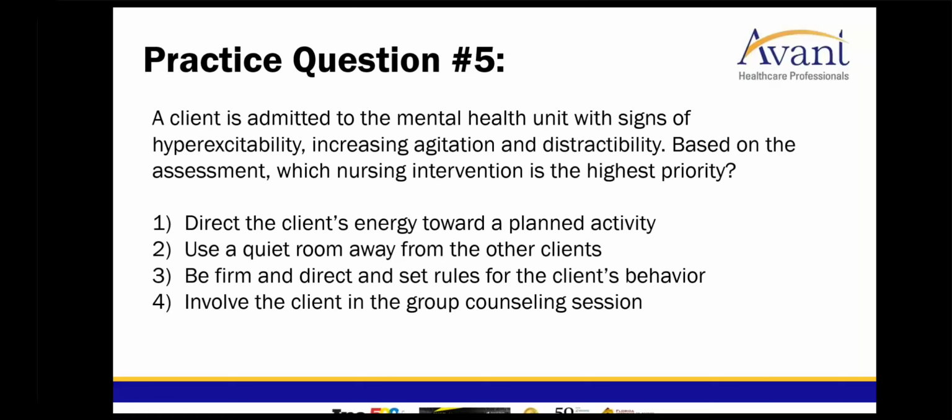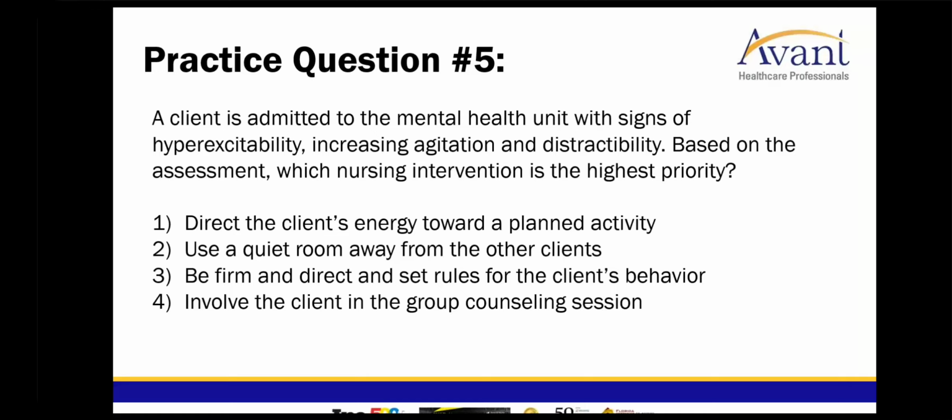So 1, let's take a look. Do you want to direct the client's energy toward planned activity? If he's distracted, because he says he's distractible, it may not work. He may not be able to focus long enough to do a planned activity. Do we want to use a quiet room away from the other clients? Well, that kind of makes sense, doesn't it?